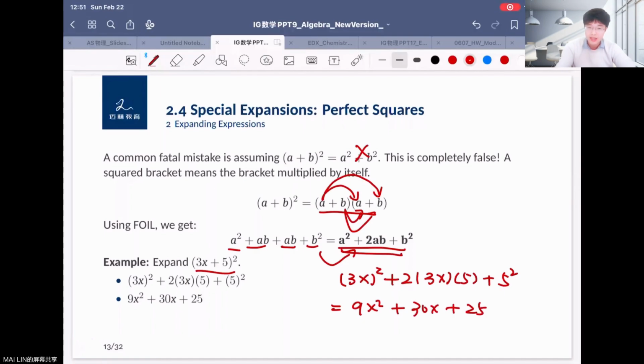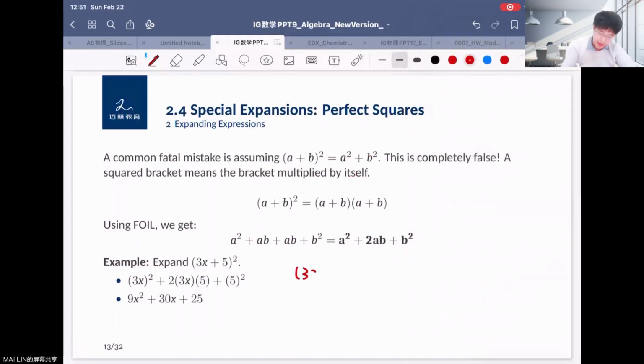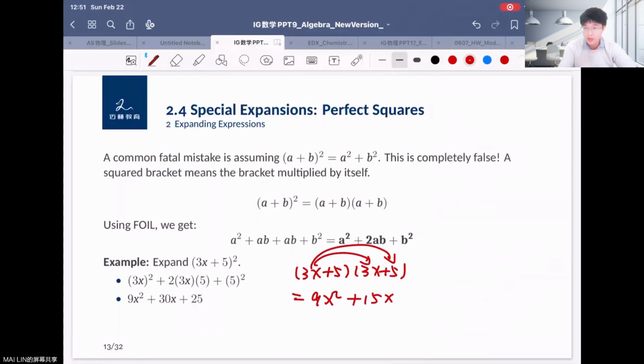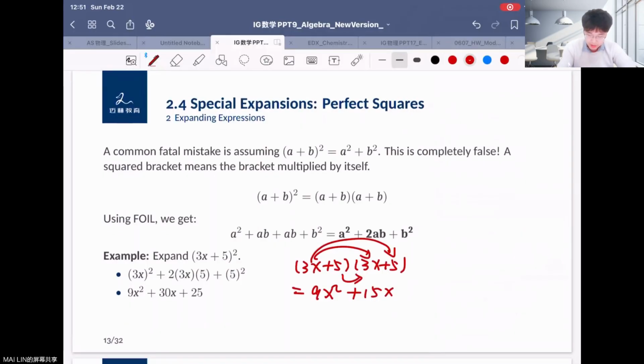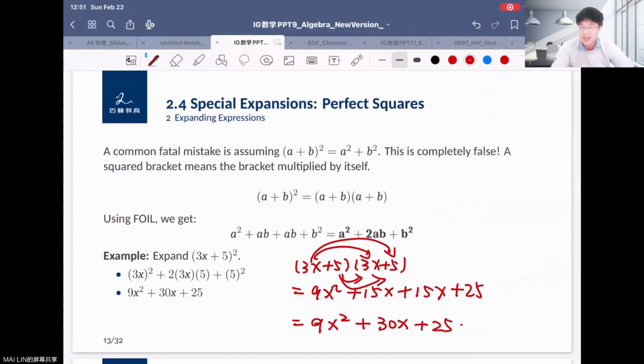You can also expand it directly as 3x plus 5 times 3x plus 5: 3x times 3x equals 9x squared, 3x times 5 equals 15x, 5 times 3x is 15x, and 5 times 5 equals 25. So the result is 9x squared plus 30x plus 25. That is the perfect squares.